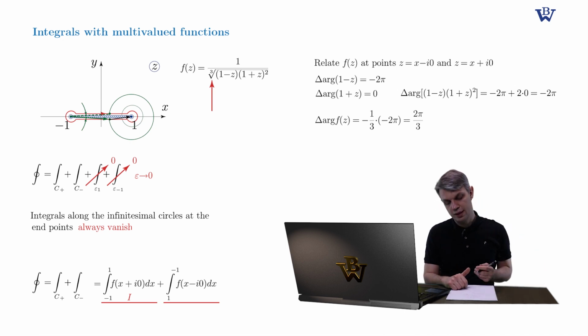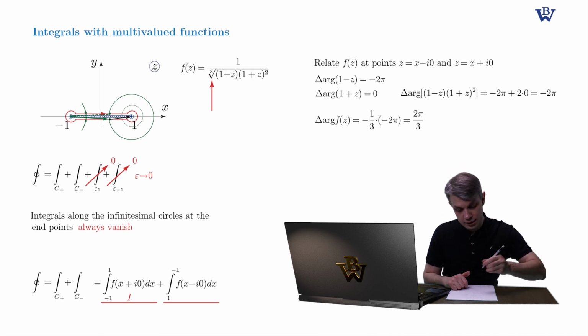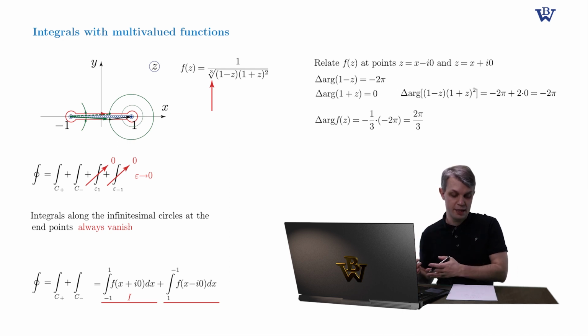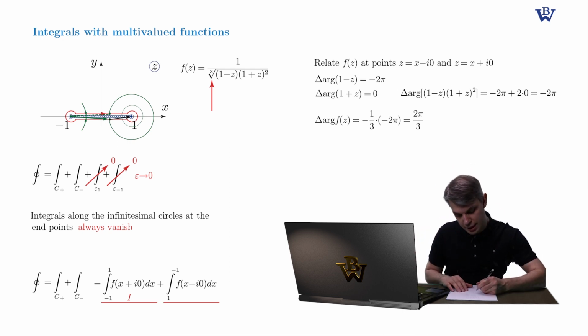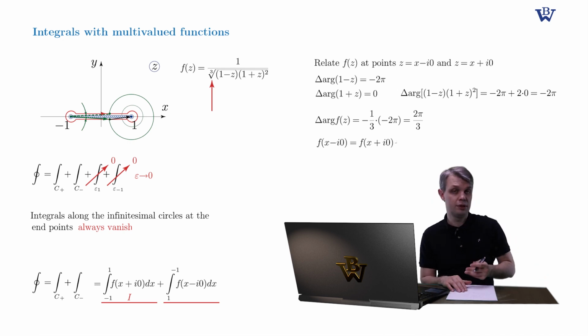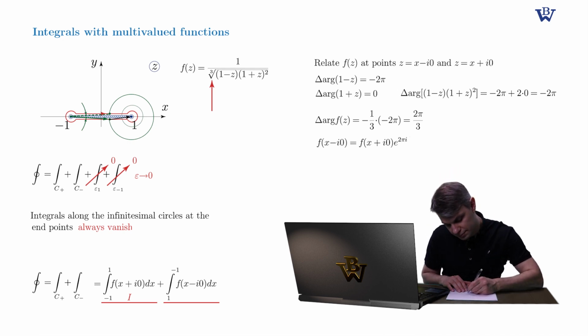Finally, we establish the relation between the values of the function at points x minus I0 and x plus I0. f of x minus I0 is simply f of x plus I0 times e to the power 2 pi I by 3.